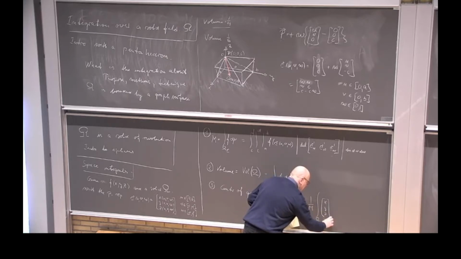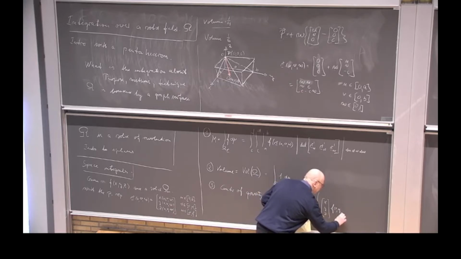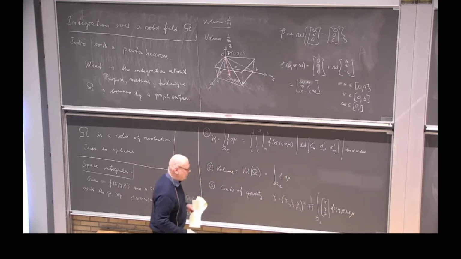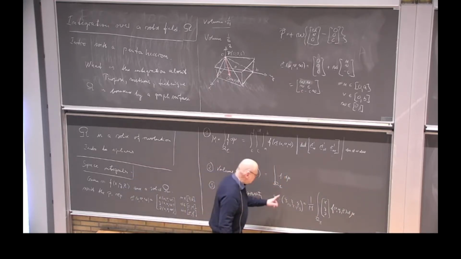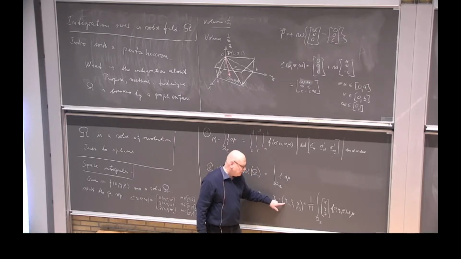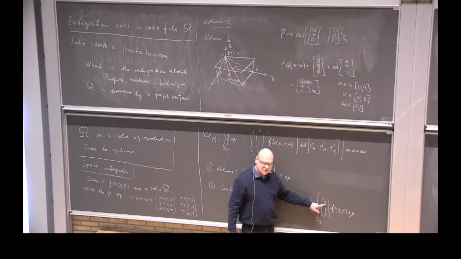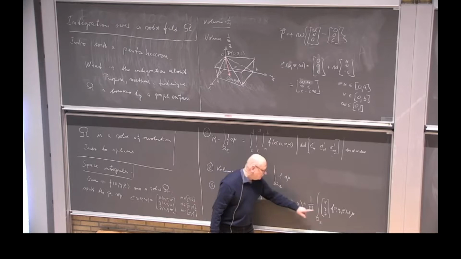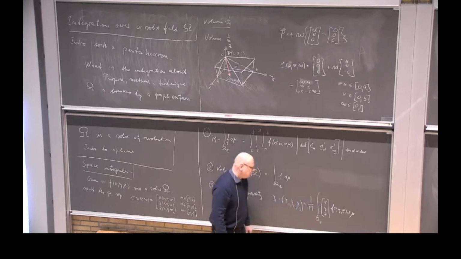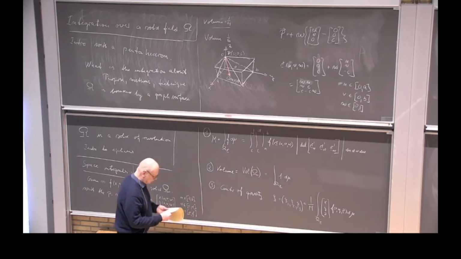I write here x, y, and z, times f of x, y, z. This means that for the first coordinate of the center of gravity, you use x in this evaluation. This is 3 integrals, 1 for x, 1 for y, and 1 for z. The 1 for x gives you the first coordinate, the 1 for y gives you the second, and the 1 for z gives you the third coordinate.